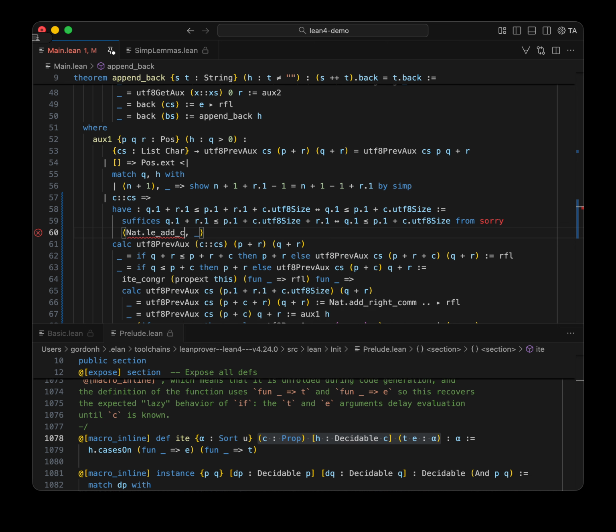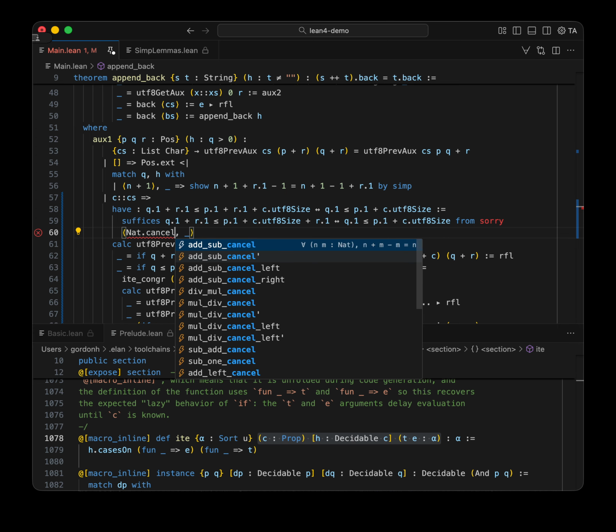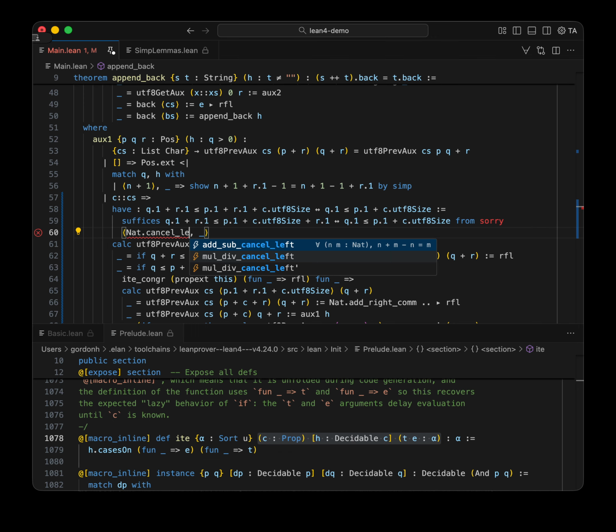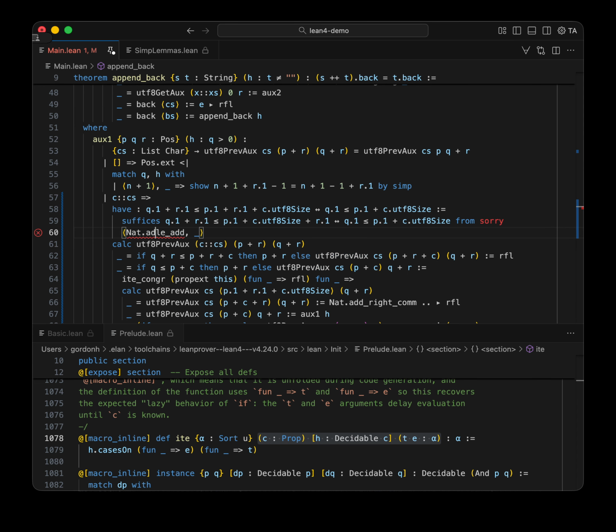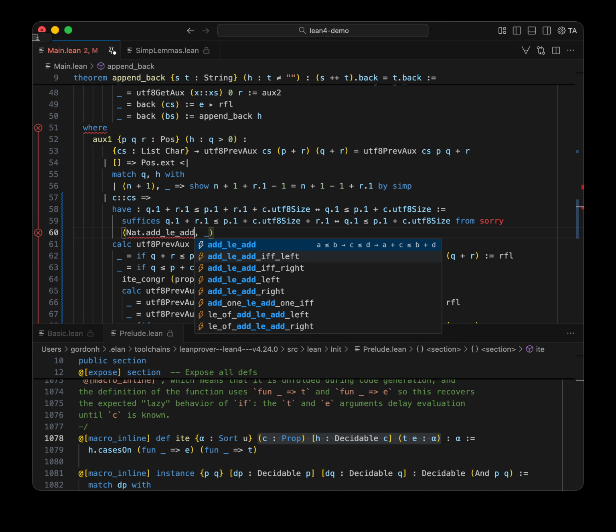We add cancel, cancel. Add and we add. Adding to the right. This would be the other side around.